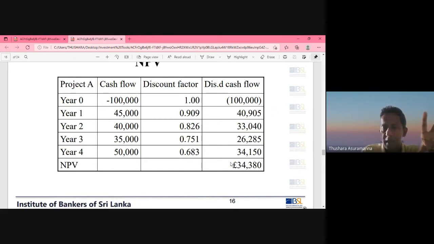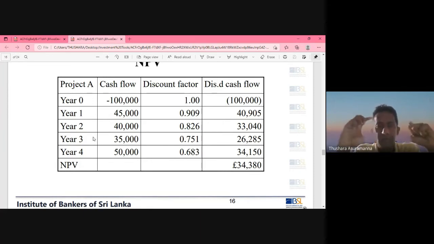What you end up with is 34,380, the net present value for this project. Generally, if you have one project and the net present value is positive, we say we accept the project. If you have two projects, we have to see which project has the highest NPV, and we proceed with that.